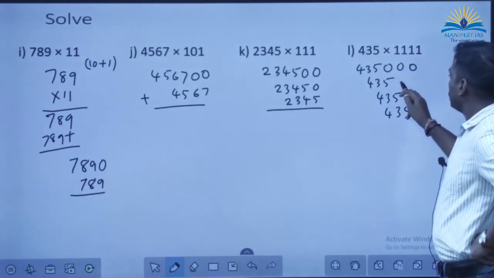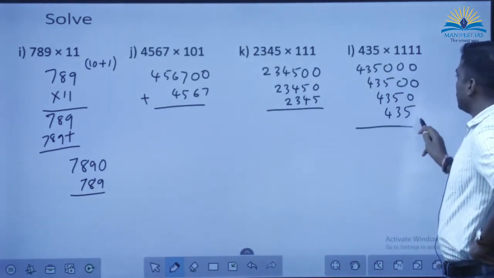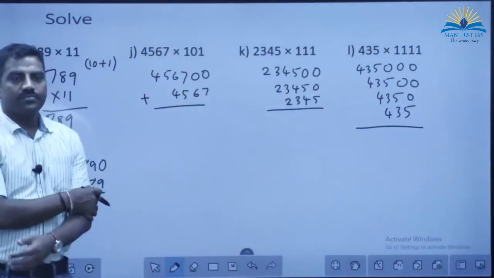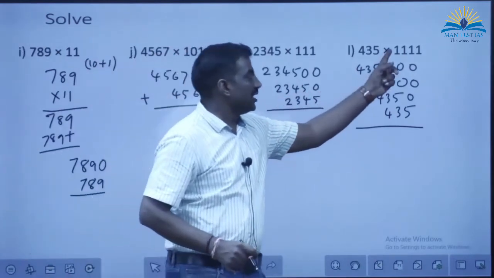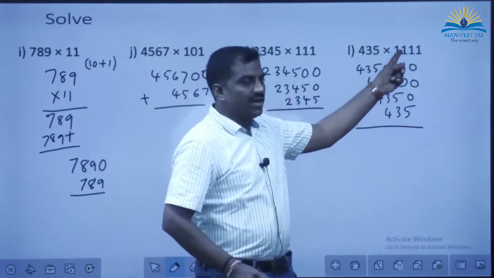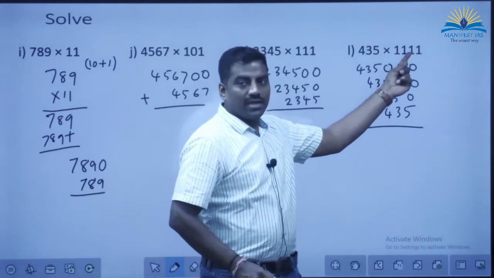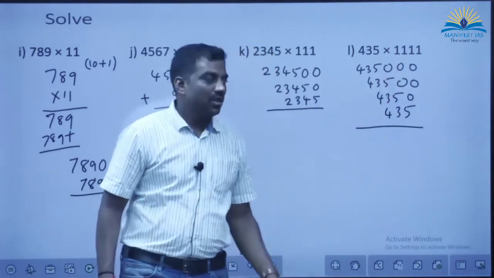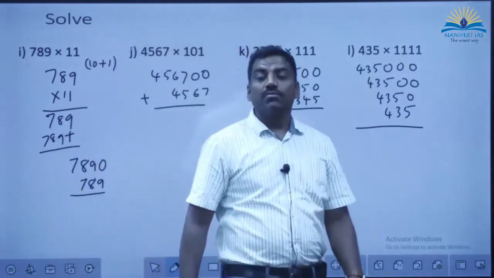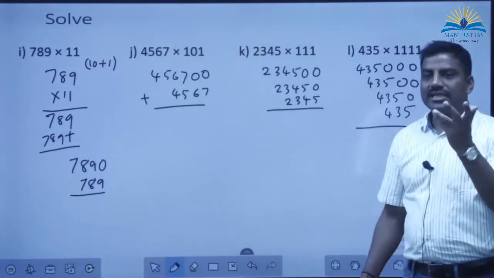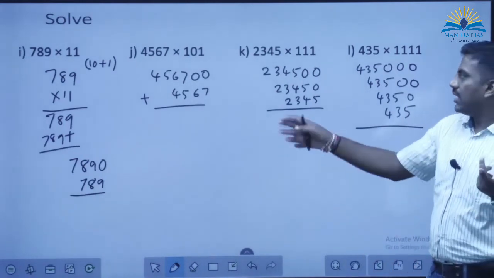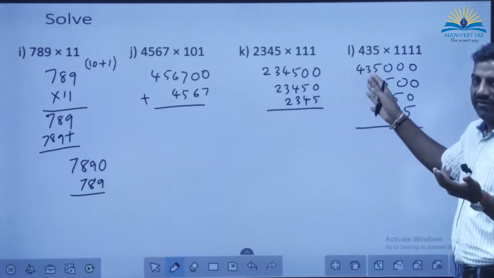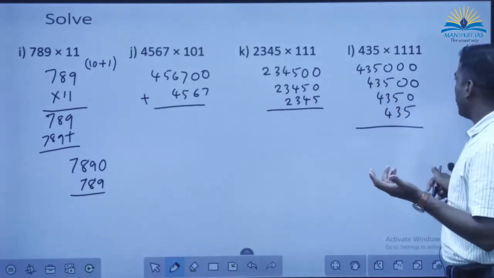If you want to use 0, this is how it will be. 3 zeros for 1000, 2 zeros for 100, and 1 0 for 10, and no 0 for 1. You calculate them, you get the answer. But I am telling you, wherever 5 is coming, take the use of 10 by 2. Wherever 11 is coming, 10 plus 1, 101, 100 plus 1, like that, 111, 100 plus 10 plus 1.